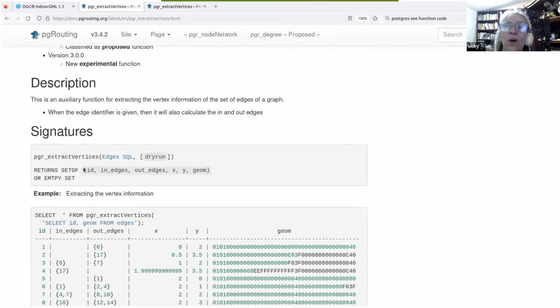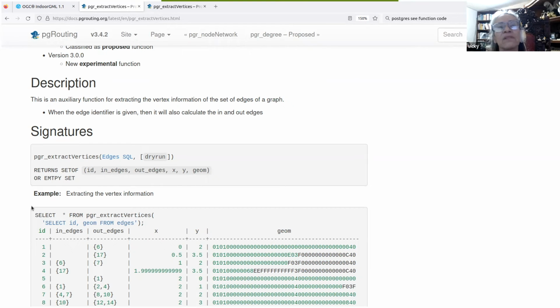Depending on the inputs, it will be the columns that are going to be returned. The main difference between extract vertices and create vertices table is that we are no longer responsible for the creation of the indexes.